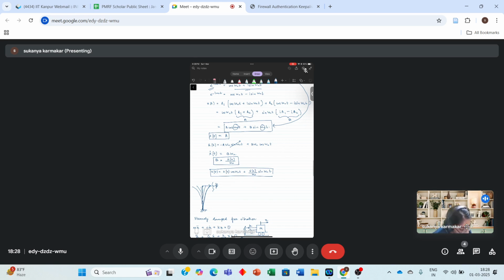Can I write this as some constant a1 cos of omega n t plus b1 sine of omega n t, and divide it by under root of a1 square plus b1 square by under root of a1 square plus b1 square?